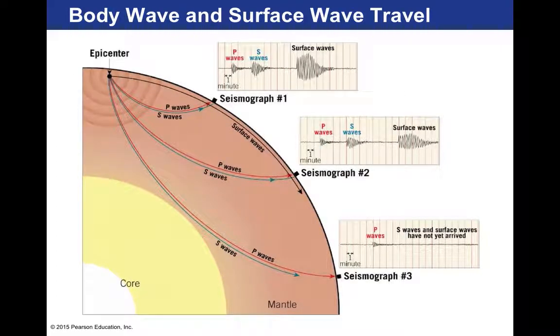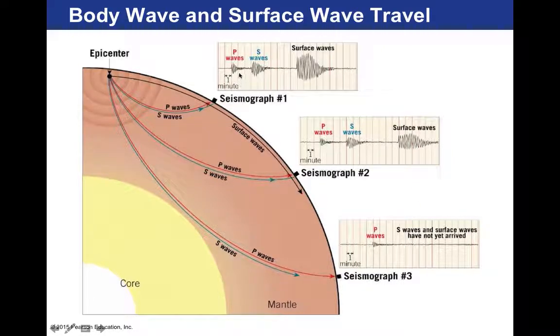All right, this is a picture of body and surface wave travel as it goes to different seismographs on the Earth. So you notice the P and S waves travel inside the solid material here. And what's interesting is that, if, let's say, seismograph 1, at this closest station, you're going to see that the amplitude, so the up and down motion of the P and S waves, is the greatest here relative to the other seismographs.